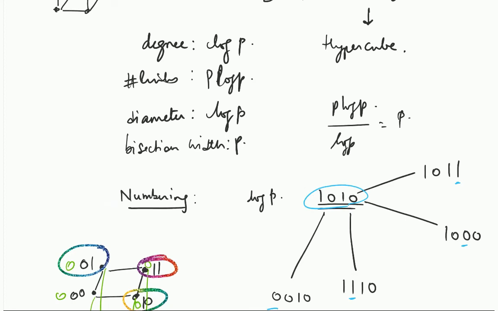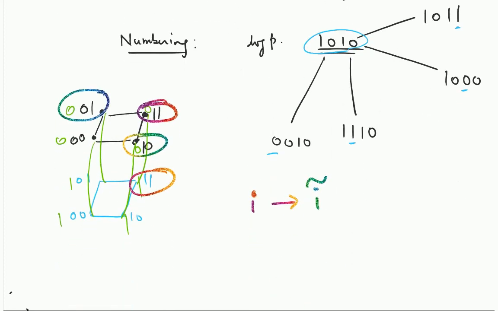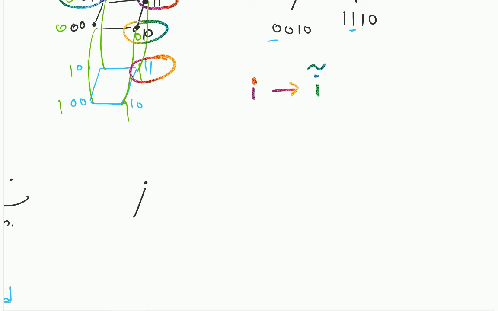Okay, the other is bisection width. Let's look at bisection width from this construction. So how did we build this network? Initially we started with 2 nodes. Every time I add a new dimension, how many new links do I add? When I'm going from 2 to 4 nodes, I add 2 links. Now when I'm going from 4 to 8 nodes, how many links do I add? 4 links, right?